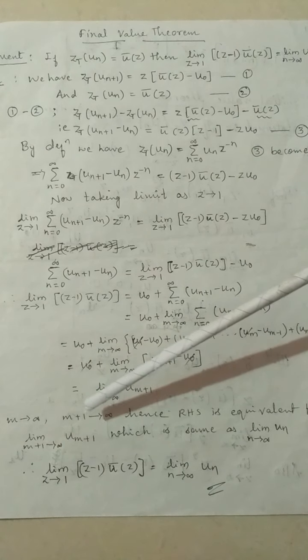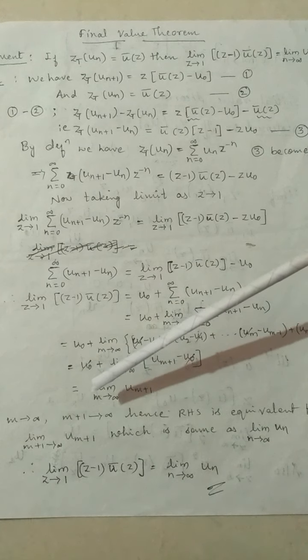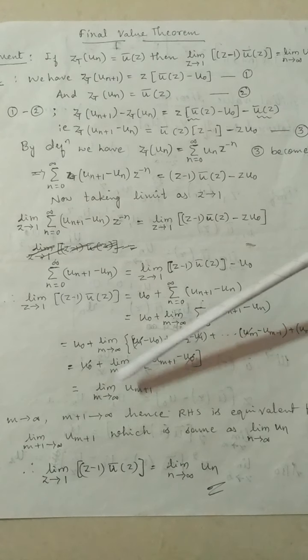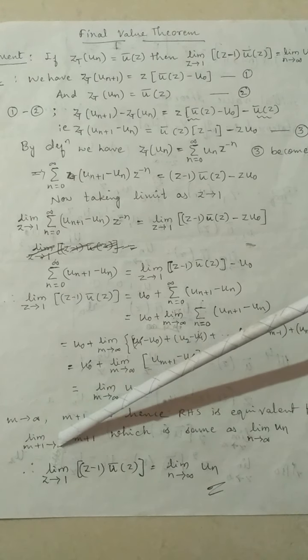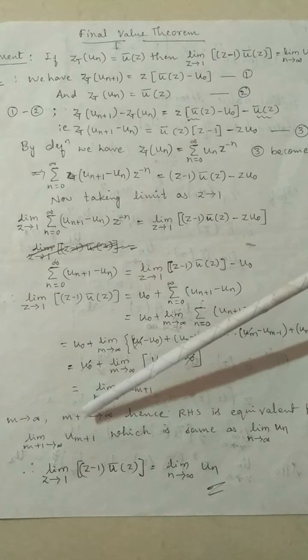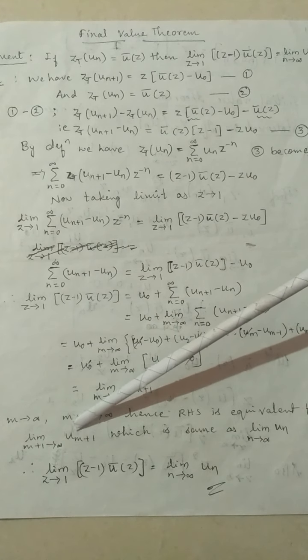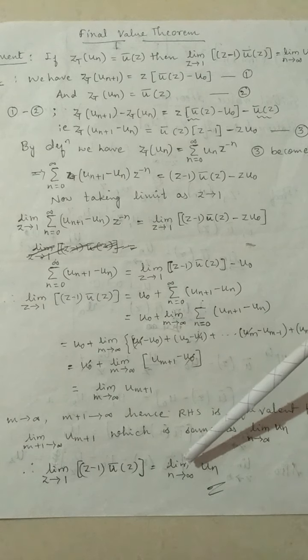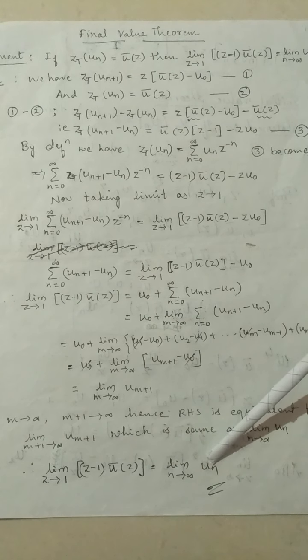So instead of writing m tending to infinity, for our convenience, we are writing it as limit m plus 1 tending to infinity u_(m+1). Now when you replace m plus 1 by n, what we get? It is limit n tending to infinity u_n. So this is the required result.